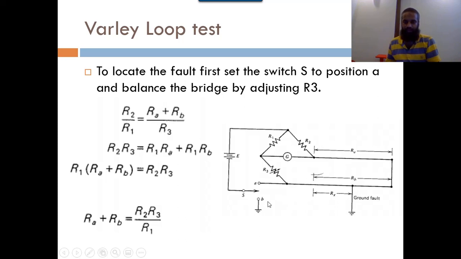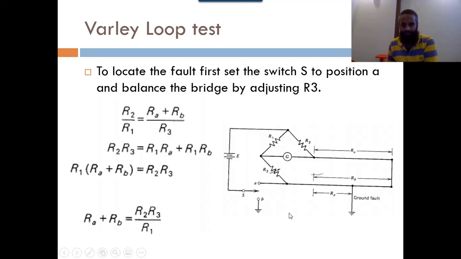So we use a switch, and we can change the position of the switch. There are two possibilities: one when the switch is in A position and one when the switch is in B position. If the switch is in A position, that means we have R1, R2 and R3, and the overall resistance from this point to this point is basically Ra plus Rb. And if we connect switch B, then from this point we have two resistances, R3 and Rx, because this B point is basically ground, and it is technically connected with this point.